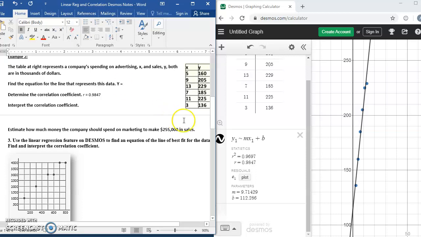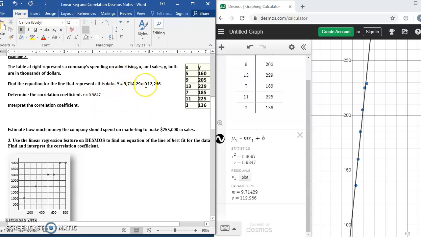So if I wanted to write this in thousands of dollars, that would be $9,714 plus $112,286. So please note that change, because it is in thousands of dollars, and my equation should then represent that.